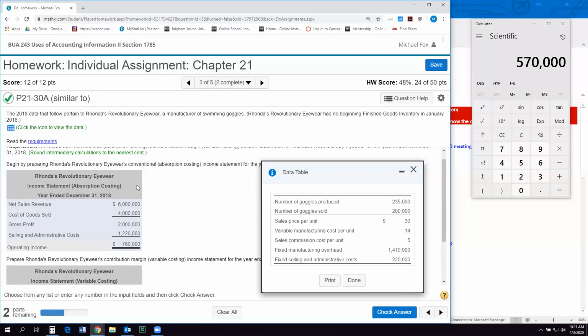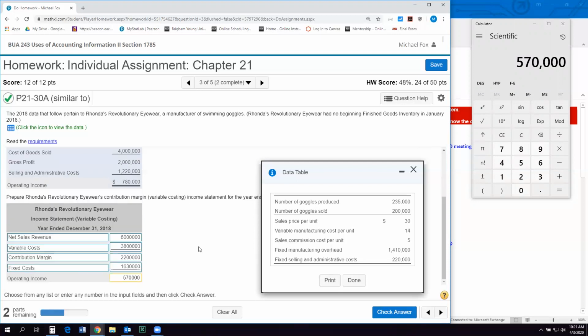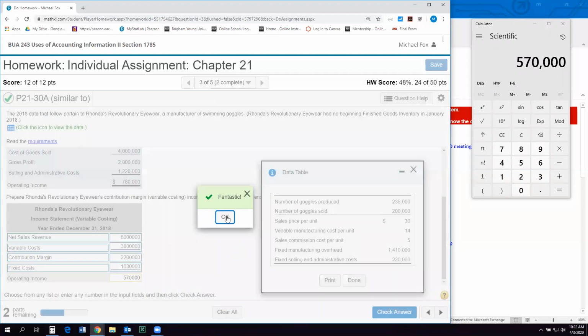So that's what happens here, which means our costs will be less, so our operating income will be higher. When we do the variable costing, we're expensing the entire 1,410,000, and not including it in those units that are still sitting there at the end of the period in ending inventory.